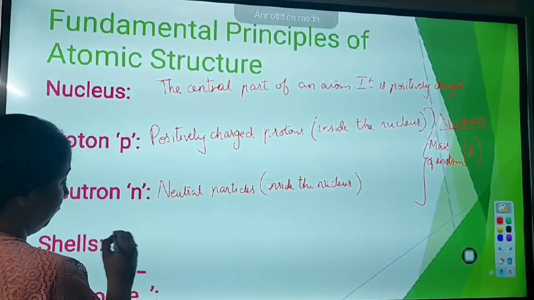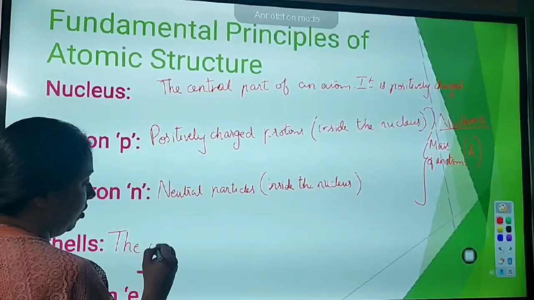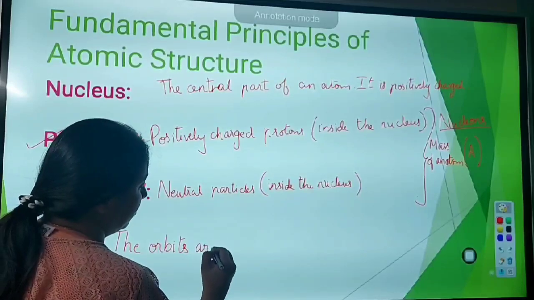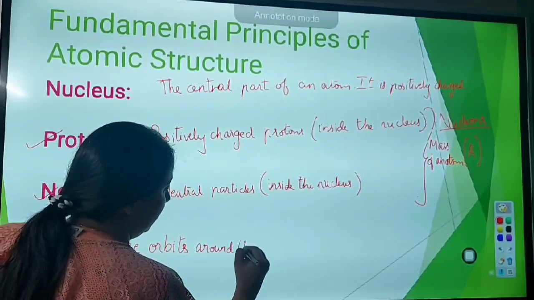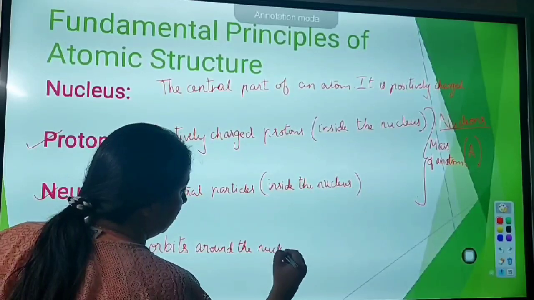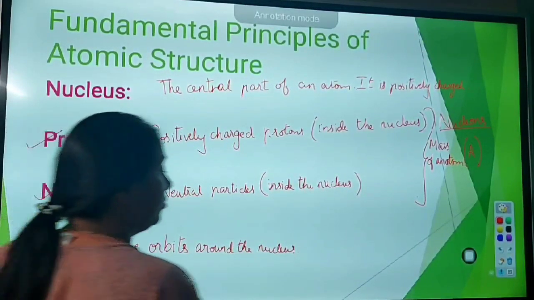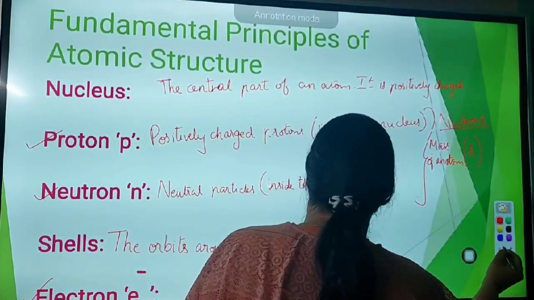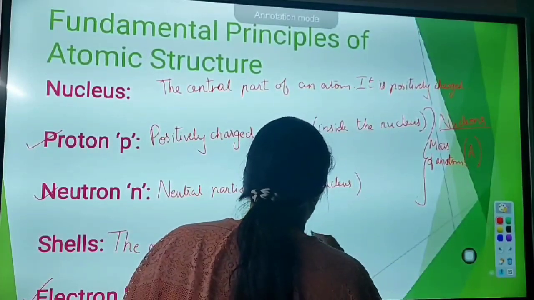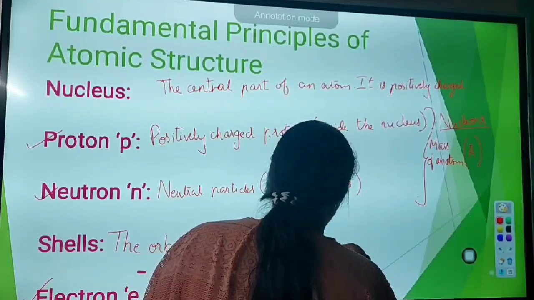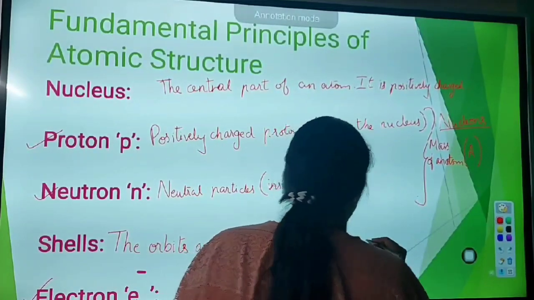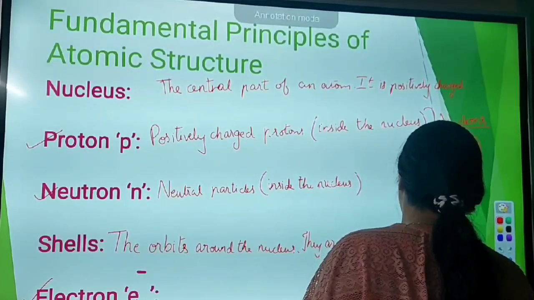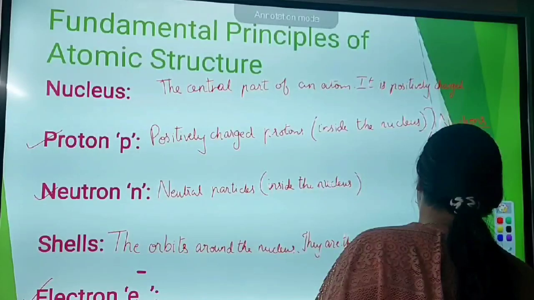Alright, then we have the shells. What are they? The orbits around the nucleus.